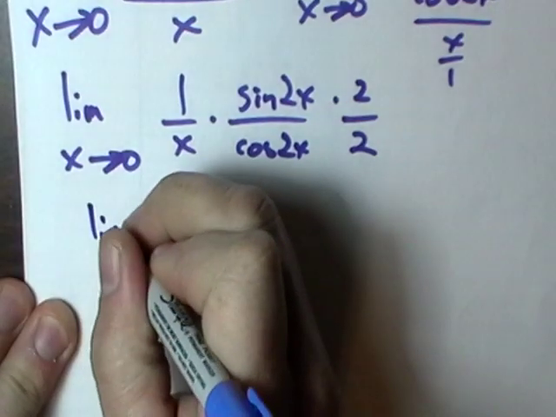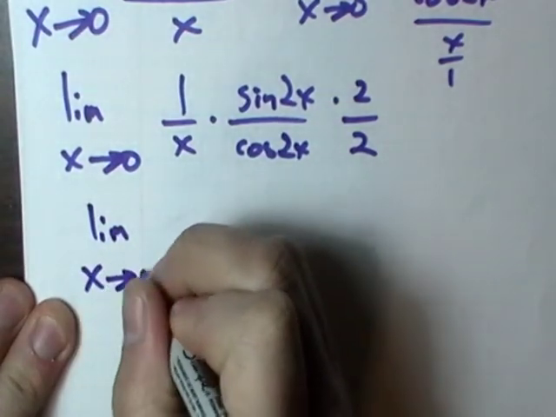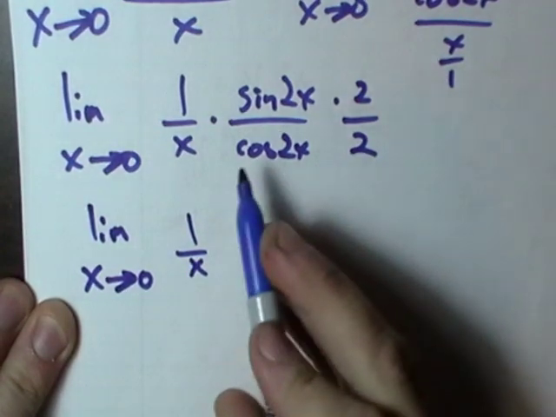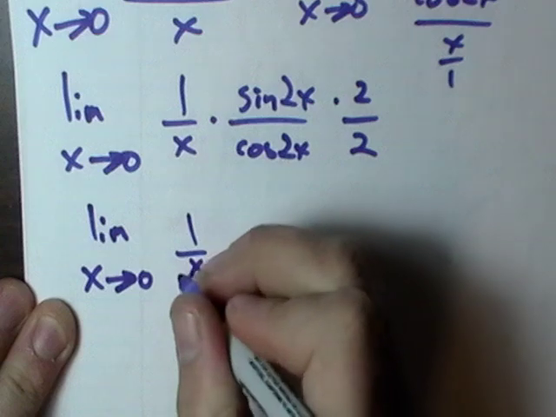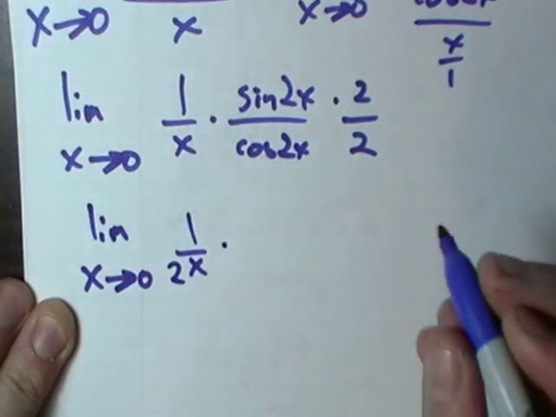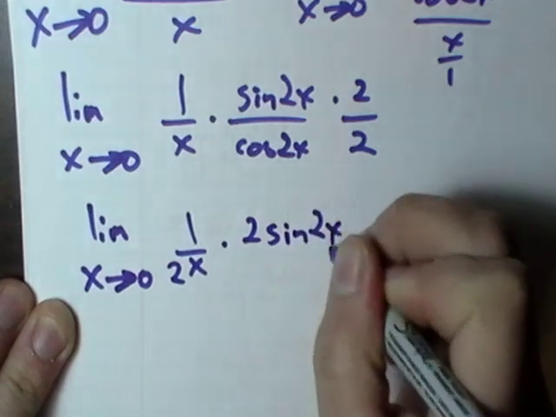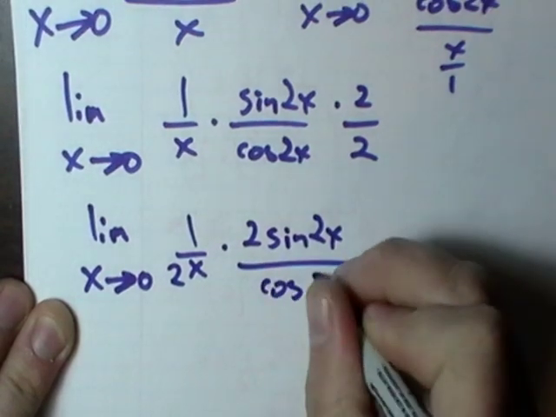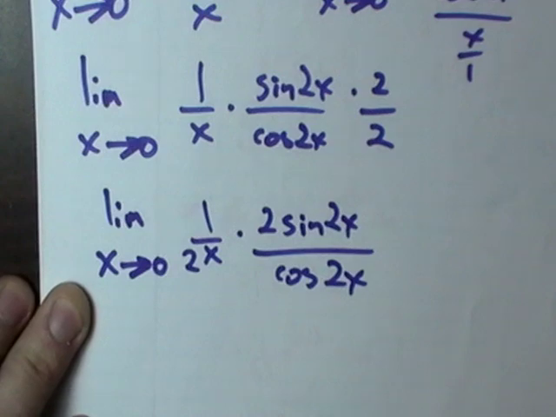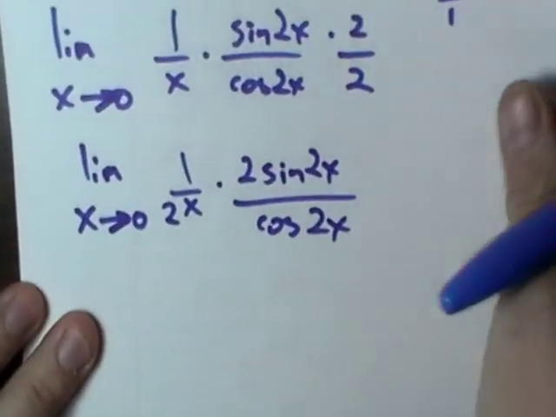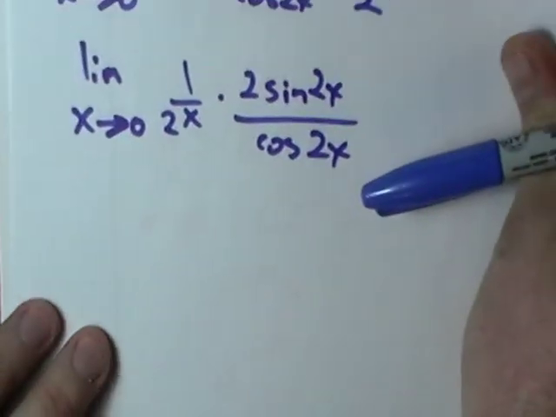I'm going to rewrite it. For x, I'm just going to take the 2 and stick it in front of the x over there, and then I'm going to have 2 sine 2x over cosine 2x. Okay, that looks a little sloppy. It almost looks like an exponent. So I'm going to rewrite it again.